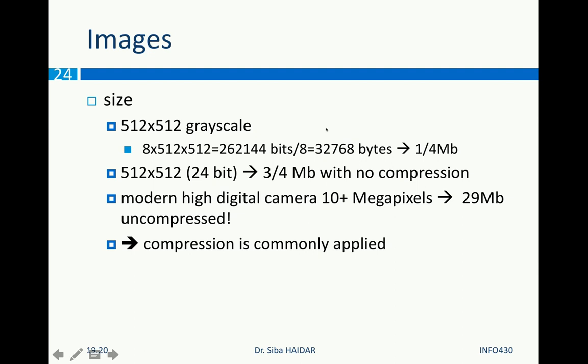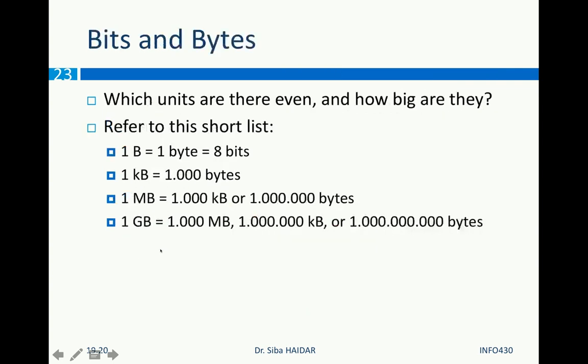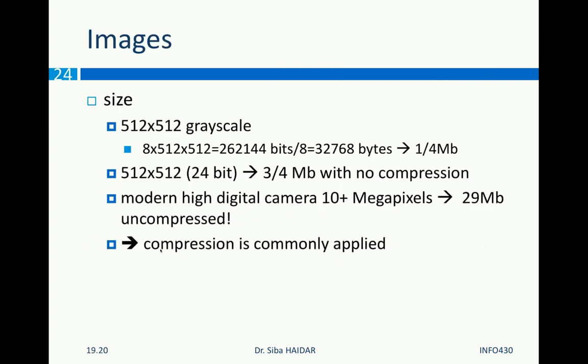If I have a 512 times 512, but not a grayscale image, if it is, for example, a color image, for which a pixel is on 24 bits, then instead of multiplying by 8, I multiply by 24, so the final size will be multiplied by 3, and thus a color image of the same size.